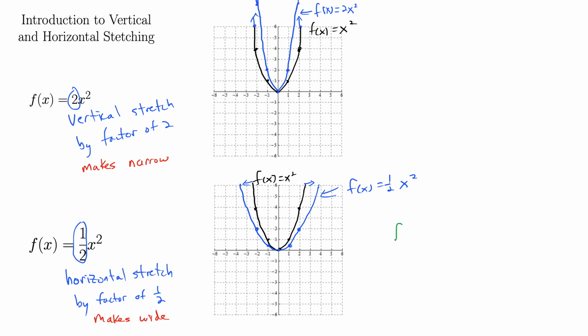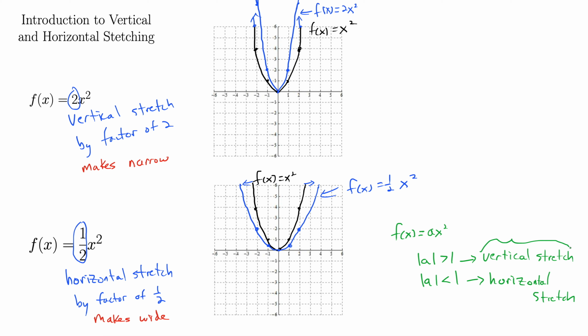In general, when we have f of x equals ax squared, if the absolute value of a is greater than 1, this gives us a vertical stretch. And if the absolute value of a is less than 1, it gives us a horizontal stretch. Vertical stretches make the graph narrow, and horizontal stretches make the graph wide.